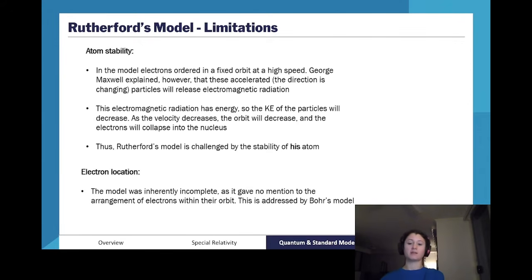And we know that accelerating electrons lose energy. So if these electrons are constantly accelerating, constantly hemorrhaging energy, they're going to have less and less energy to overcome the forces holding them to the nucleus. As a result, they're going to collapse into the nucleus. So Rutherford's model predicted that our electrons would be spiraling in towards the nucleus constantly, and all of the atoms around us would be super unstable, which isn't really what we observe, right?